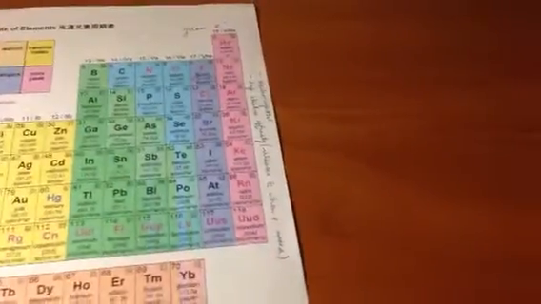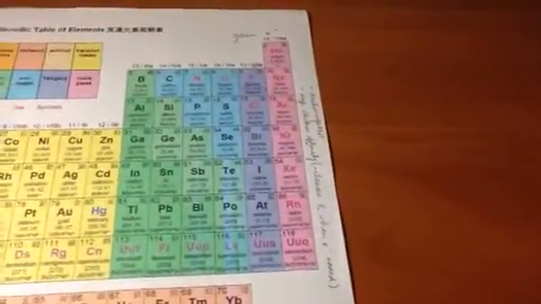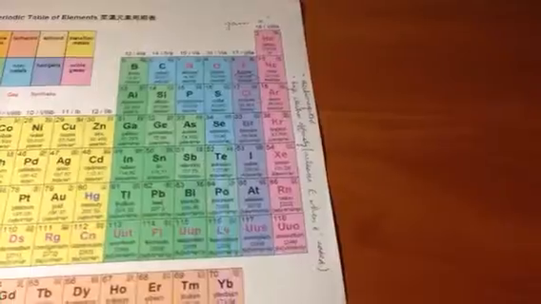Now let's go over here to the right hand side of the periodic table and pick an example of an anion. Let's just take Cl, chlorine. And what can happen with chlorine is that it's capable of gaining an electron. And so anions are negatively charged.